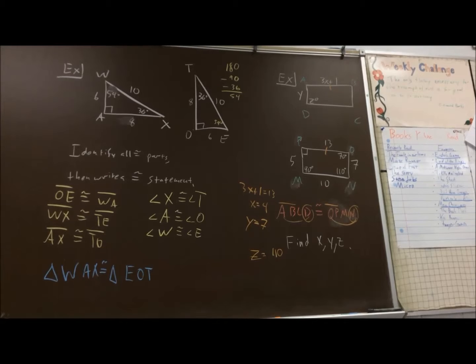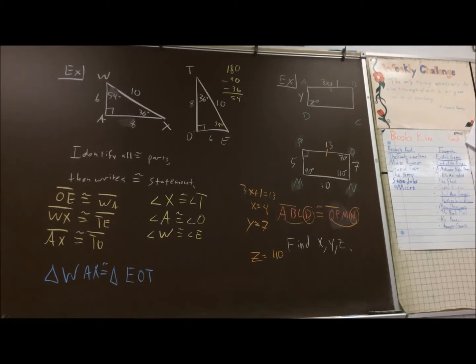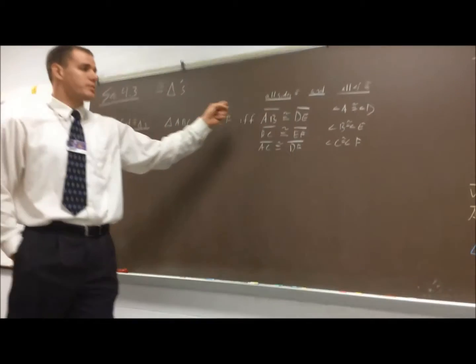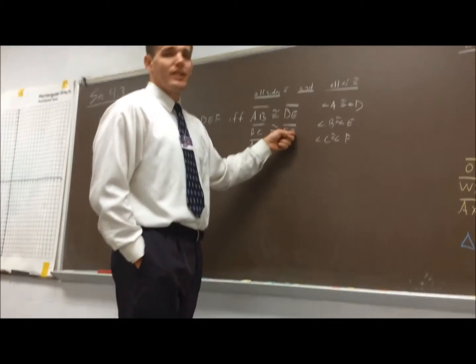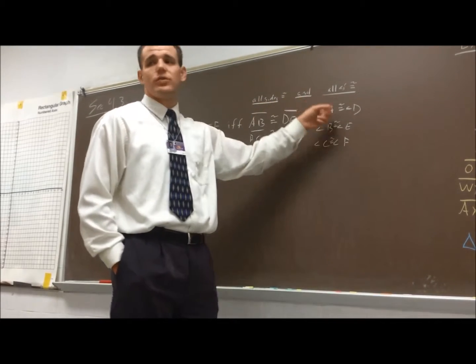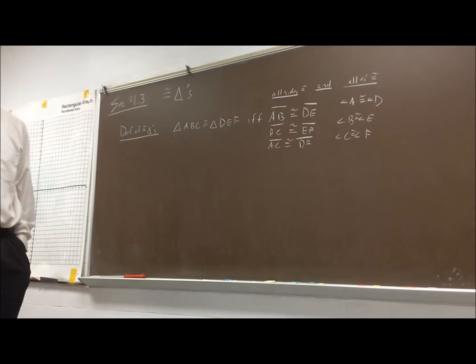So the big idea here, congruent triangles. The next section we're going to be proving the triangles are congruent, and once the triangles are congruent, we can say, hey, the triangles are congruent, which means these two sides have to be congruent, or these two angles have to be congruent. It's a stepping stone to other things.